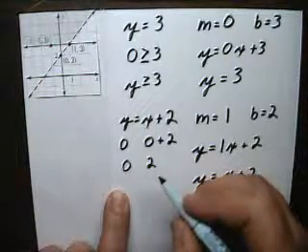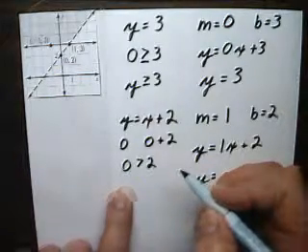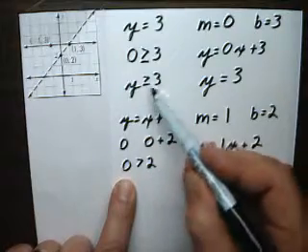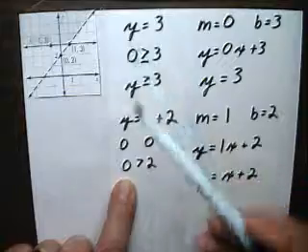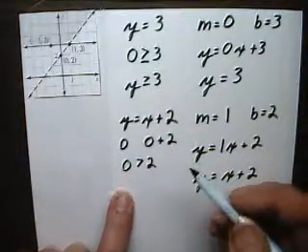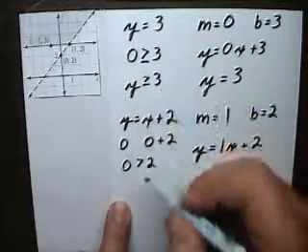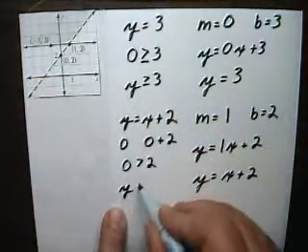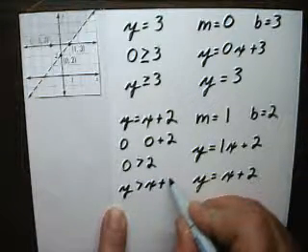So 0 and 2, if I put in 0 is greater than 2, that makes it false. And I'm not going to put in the or equal sign because this is a broken line, a dotted line. So I have to put this in instead of the equal sign, so I end up with y is greater than x plus 2.